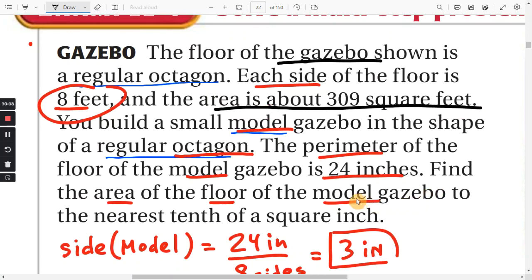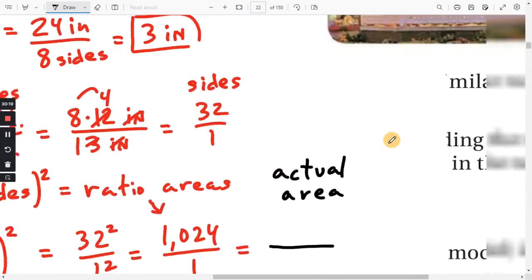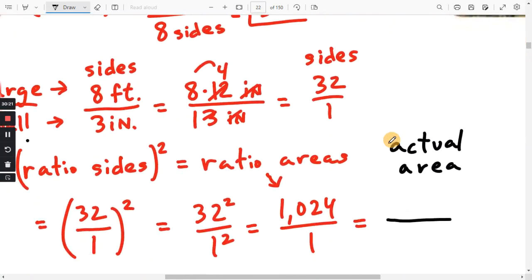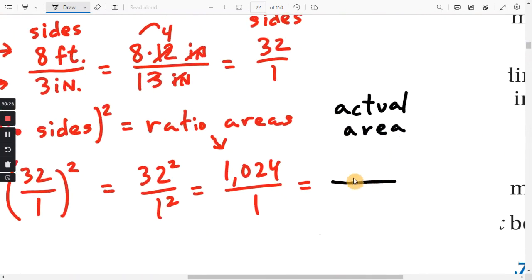And we want to find the area of the floor to the nearest tenth of a square inch. All right, so we got 309 square feet for the area of the large one. So I'm going to write 309 square feet. And the area of the small one, the model, is just going to be X. We don't know it yet.